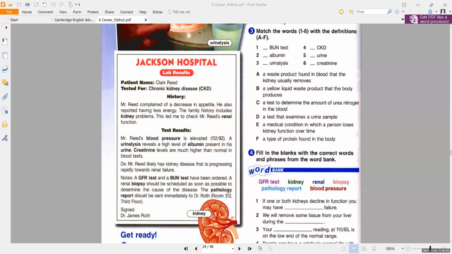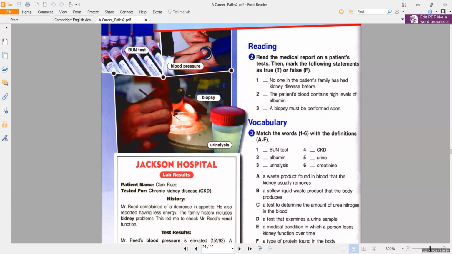Okay, so dealing with the first question. No one in the patient's family has had kidney disease before. This is, as you can see, false, because he has a history of the disease in his family.